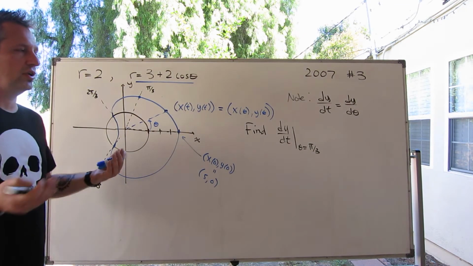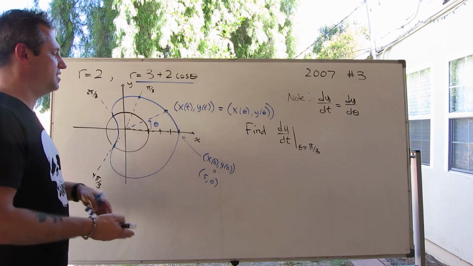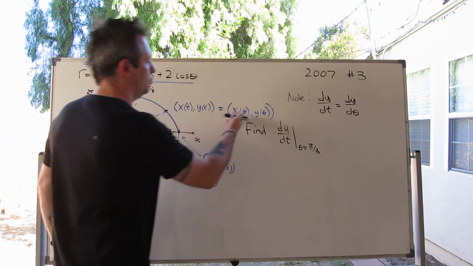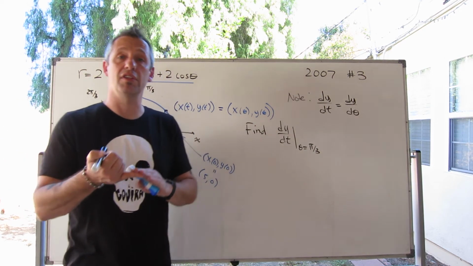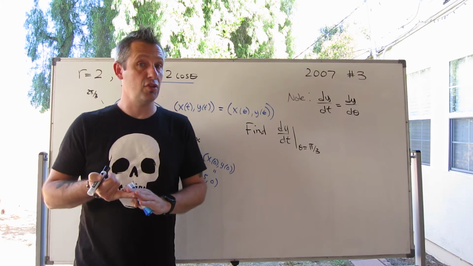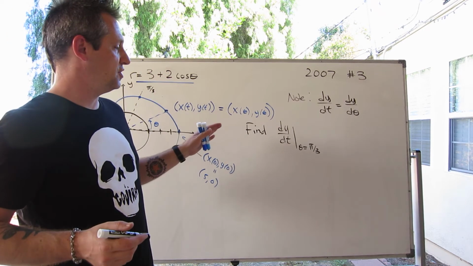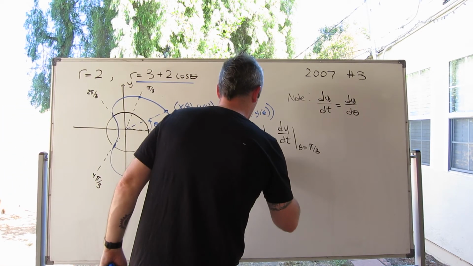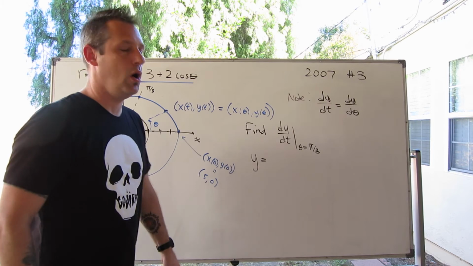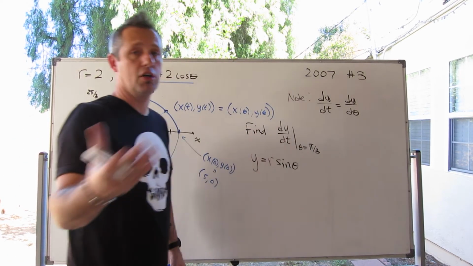Okay, this is actually a pretty straightforward problem. The thing we have to remember is there is a way to get from polar curves to parametric curves. It was the big way that we found things like arc length and slopes of tangent lines to polar curves. In a polar setting, y equals r sine theta and x equals r cosine theta.